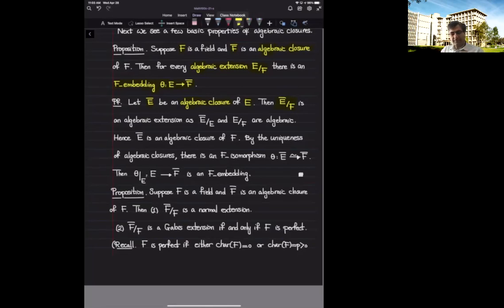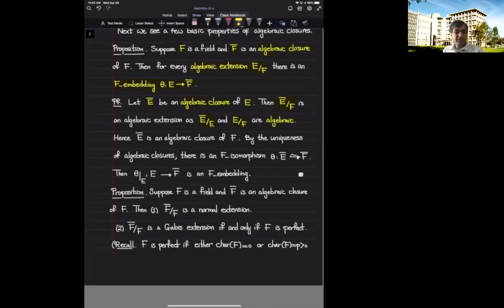E bar over F is a tower that consists of two blocks, E bar over E and E over F. E bar over E is an algebraic extension because E bar is an algebraic closure of E. E over F is algebraic by hypothesis.